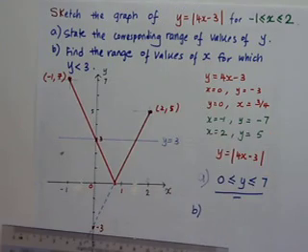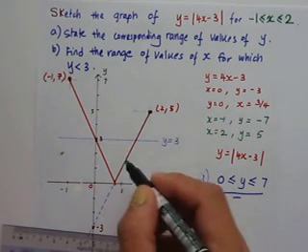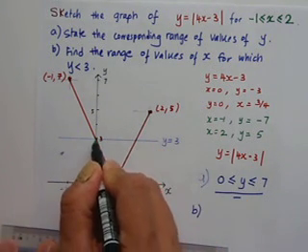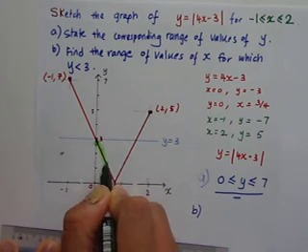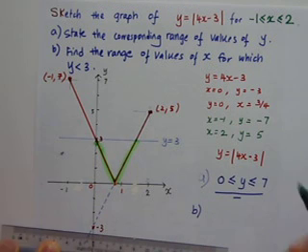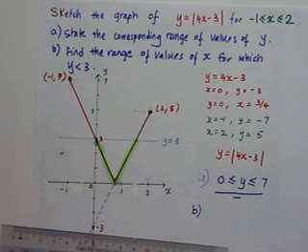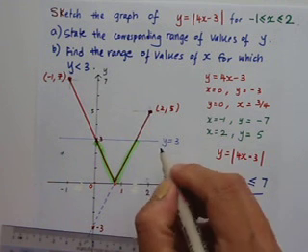Okay, and if you look at this red color V-shaped graph, if I can highlight the portion, I can show you. This is the portion of the graph. Okay, as I highlighted in green, this portion of the graph is less than 3. Right? This portion of the graph is less than 3.